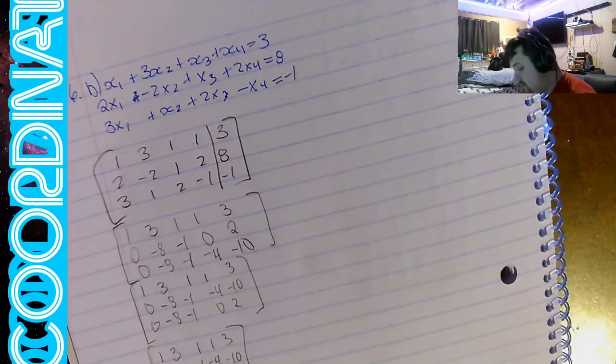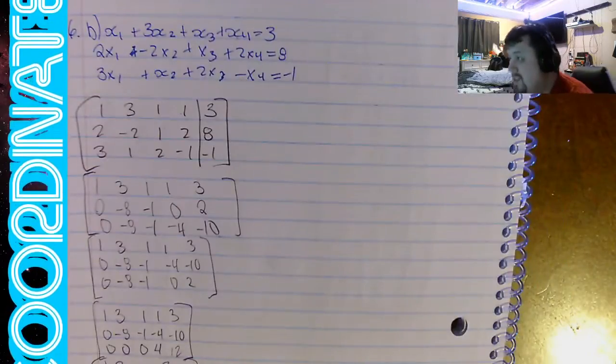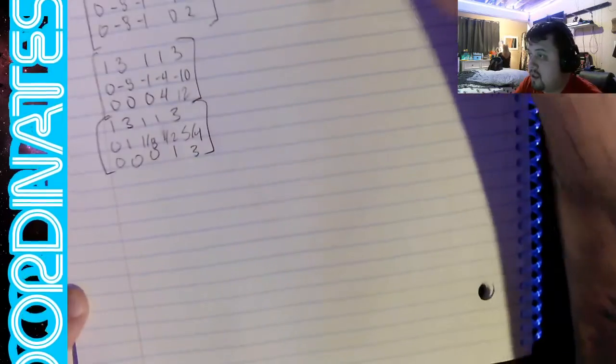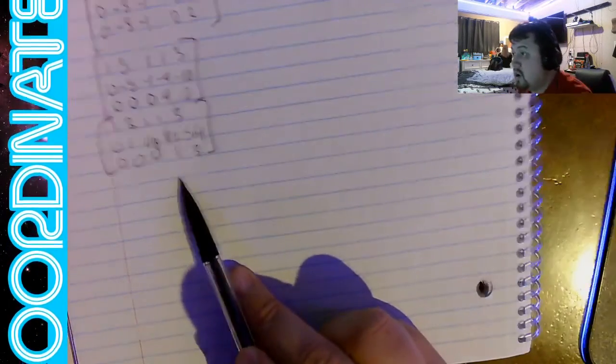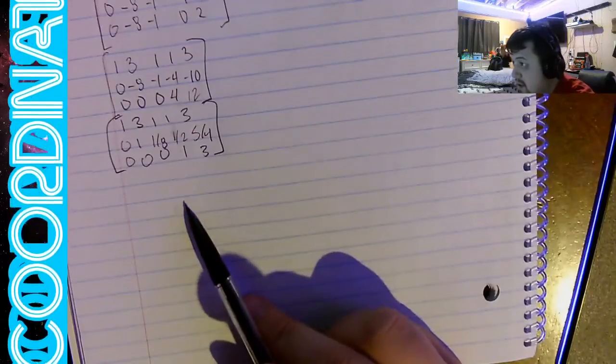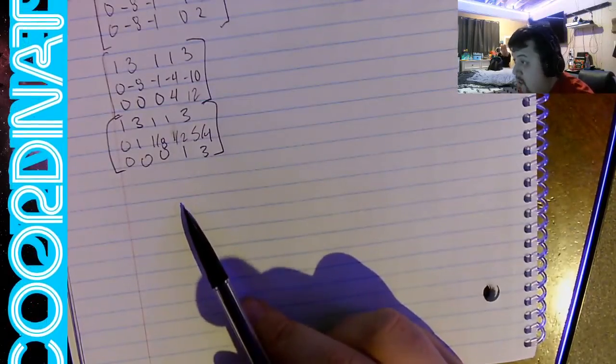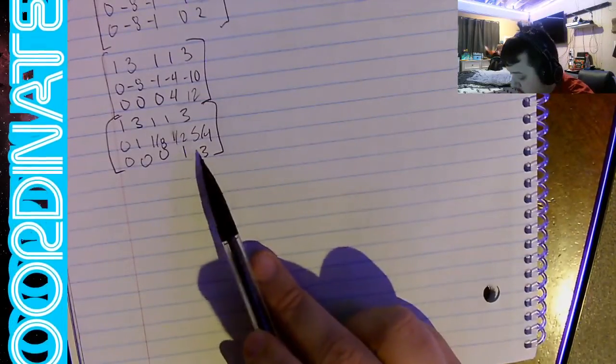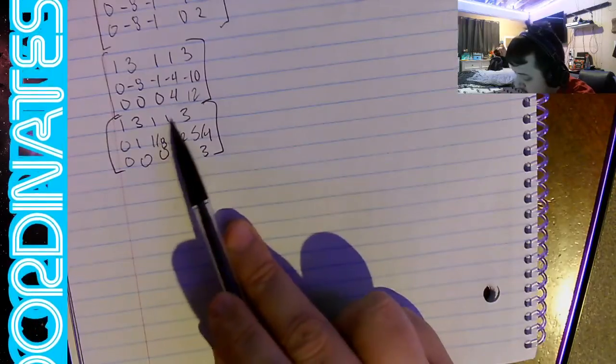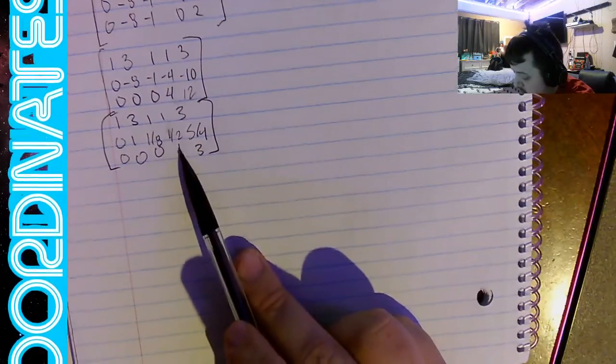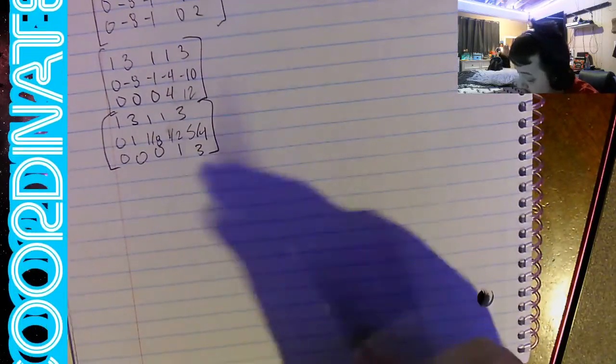Now this looks pretty gross because there's all those fractions in there still. But we must press on. What I'm going to do is get rid of this and this next. And first we're going to get rid of this by multiplying by negative 1/2.